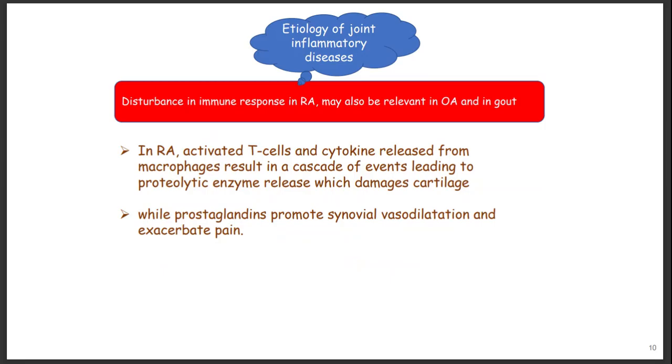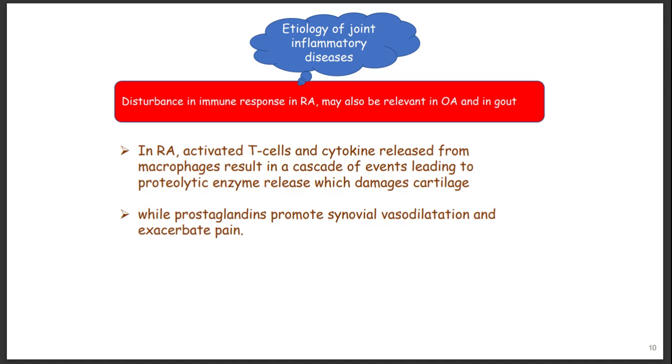What is the cause of joint inflammatory disease? The disturbance in immune response in rheumatoid arthritis may also be relevant in osteoarthritis and in gout. Just a disturbance in immune response. So in rheumatoid arthritis, activated T cells and cytokines released from macrophages will result in a cascade of events that will lead to the proteolytic enzyme release, which will start now damaging cartilage.